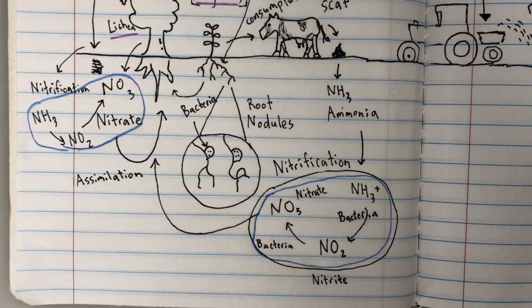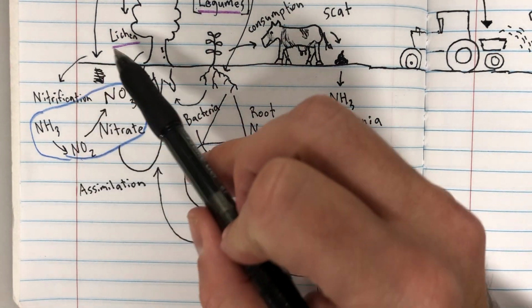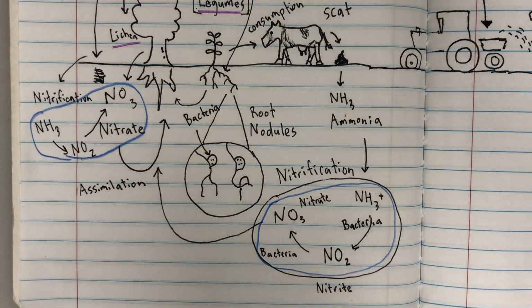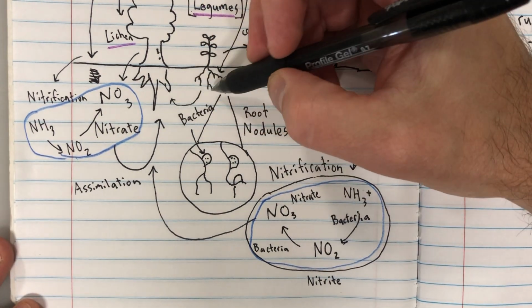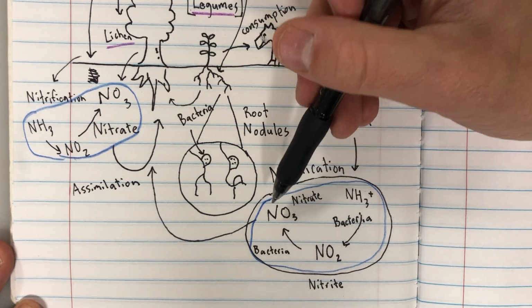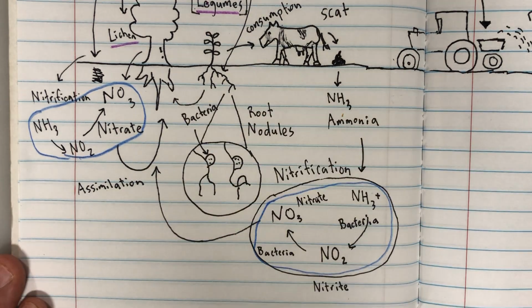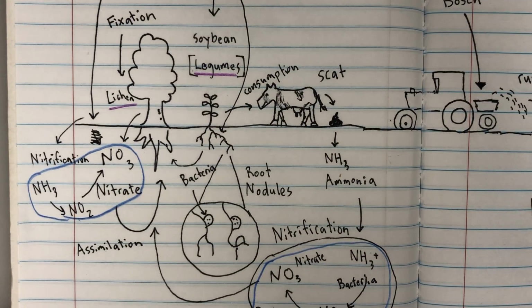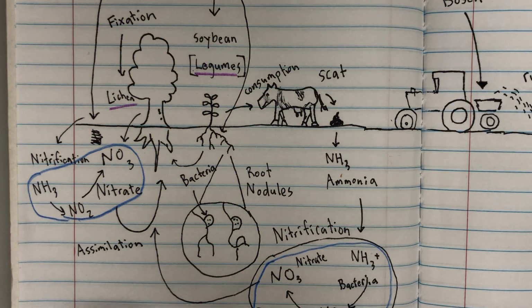So each one of those chemical configurations of nitrogen is important, but when it's fixed, and again, we're looking at fixation over here, or with the soybeans, it's fixed in a way that it starts as ammonia and goes to nitrite and nitrate, and then is assimilated into plants through the roots of plants, and technically this would be nitrification here too.